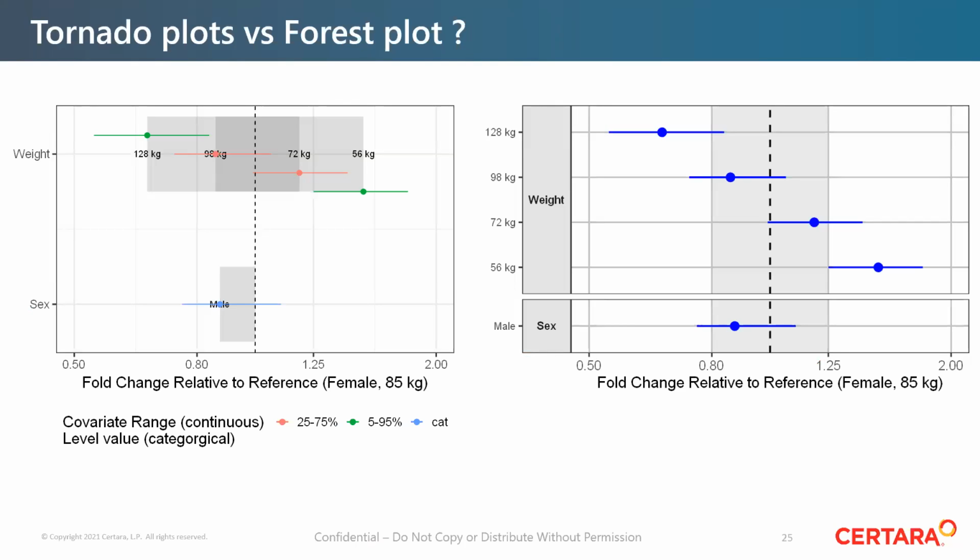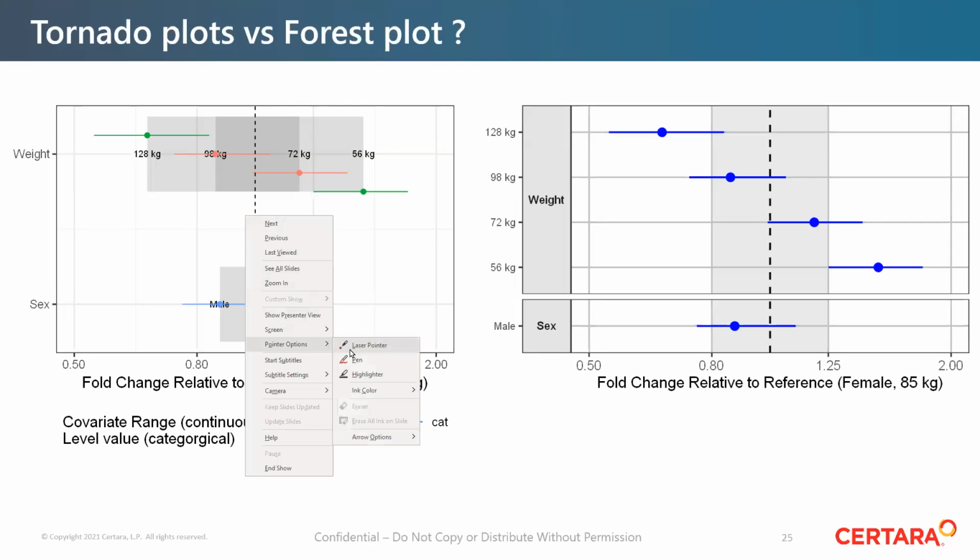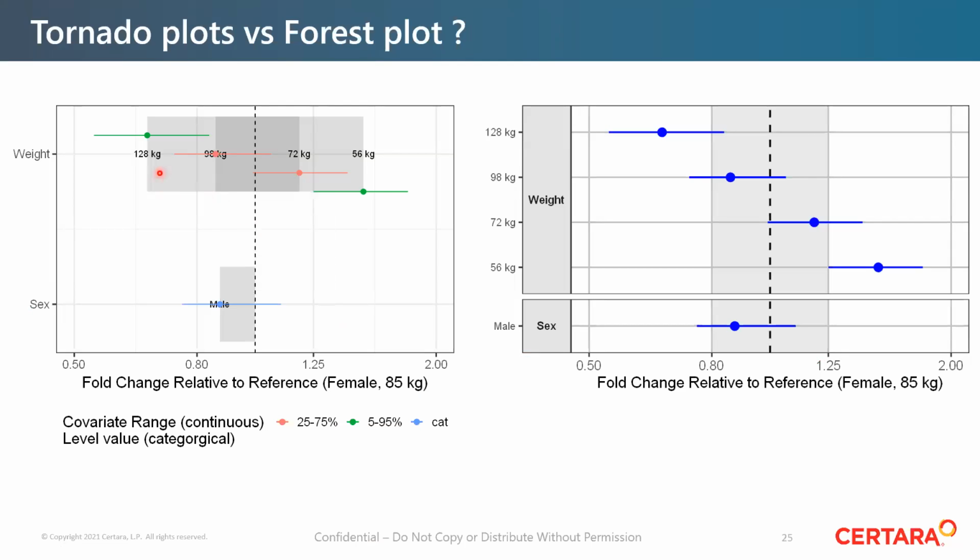Sometimes you might hear about tornado plot versus forest plot. We have this figure in our supplemental material of the paper. We show that whether it's a tornado plot, which is a horizontal bar plot, or a forest plot, it's exactly the same data.